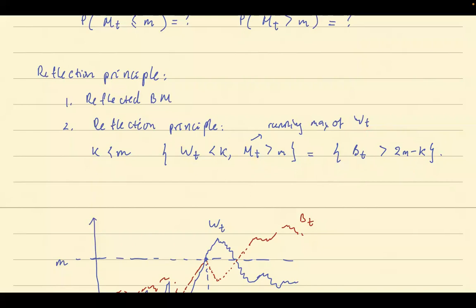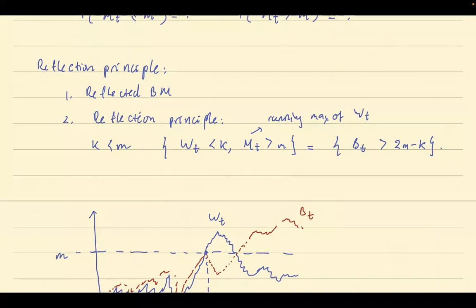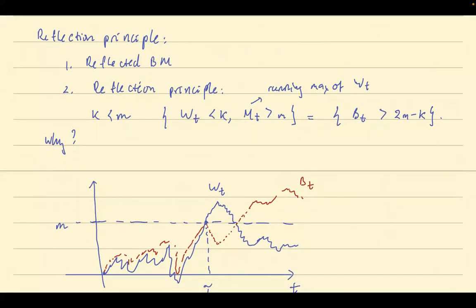Okay, so now why is this true is what we want to say next. Why do these two events hold? Now, I want you to at least intuitively see that this is not far-fetched, because in this picture, that's exactly what we're doing here.